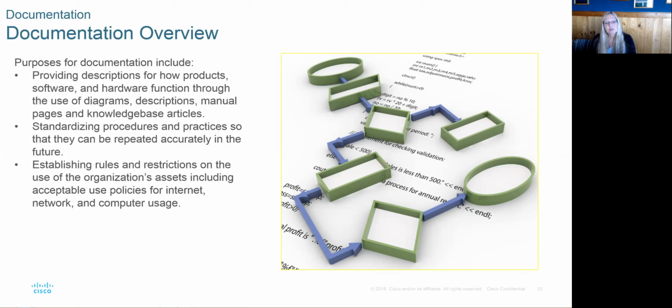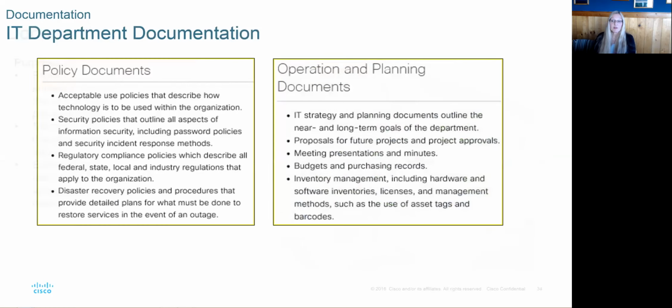So we need to establish rules and restrictions regarding the organization's assets, like personal use, your computer usage policy, acceptable use policy for internet and network and the computer. Some of the documents. So if you're in a really small organization, if it's like just a little real estate office, maybe they don't have any policy.